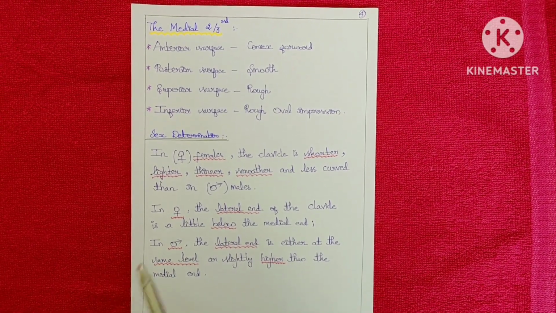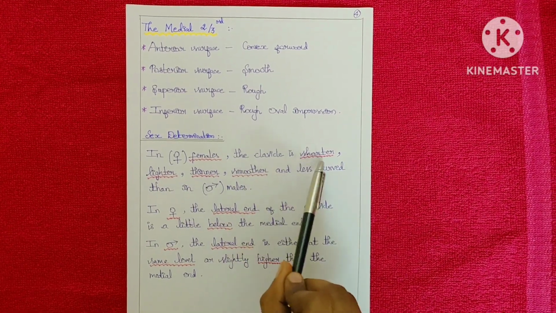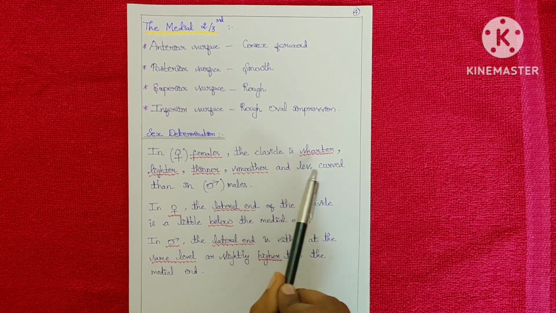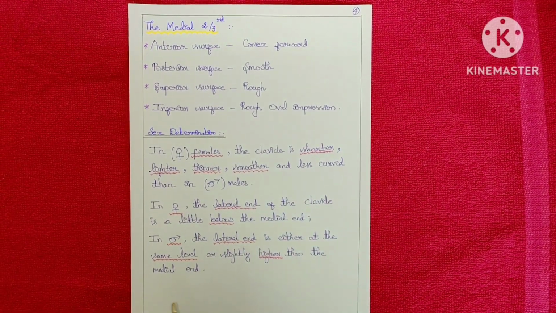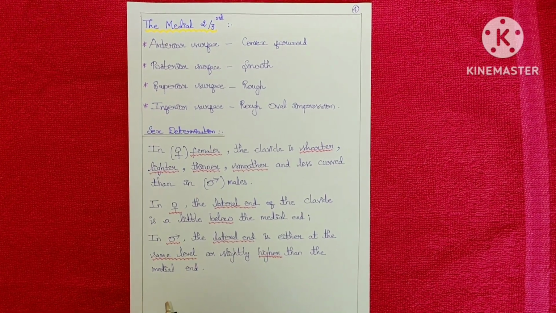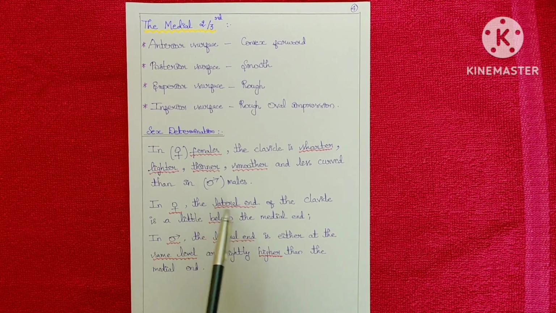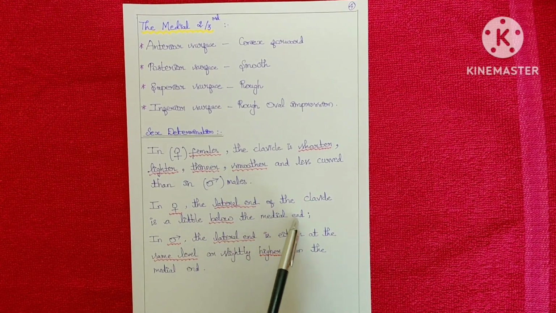Now we'll see about the sex determination. In males and females, it varies slightly. In females, the clavicle is shorter, lighter, thinner and smoother and it is less curved than in males. So, in females, clavicle பார்த்தோம்னா ரொம்ப சின்னதா இருக்கும், ரொம்ப லைட்டா இருக்கும், thinner இருக்கும், smoother இருக்கும். Whereas, in females, the lateral end of the clavicle is a little below the medial end.